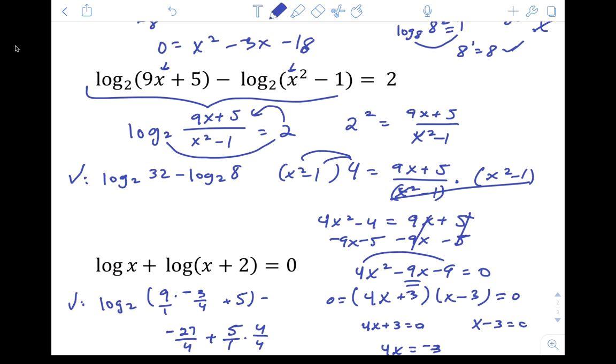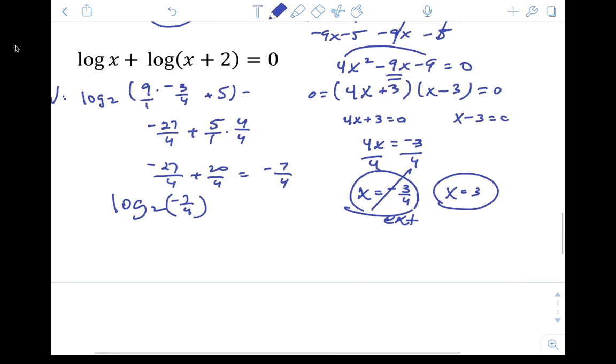Log base 2 of 8. It's supposed to equal 2. When I condense those two, log base 2 of 32 divided by 8 is 4, because you condense through division. It's part of your log properties. So is, in fact, 2 to the second equal to 4? Yes, it is. So positive 3 worked just fine.